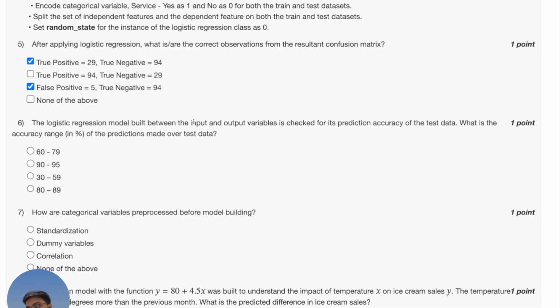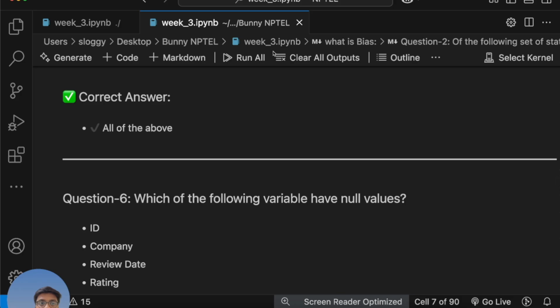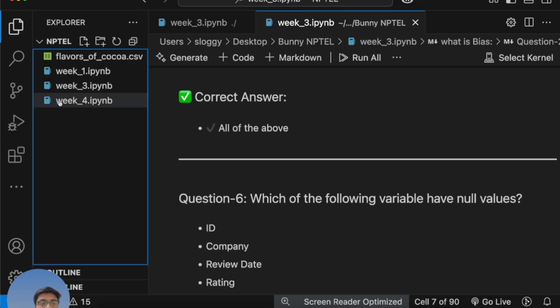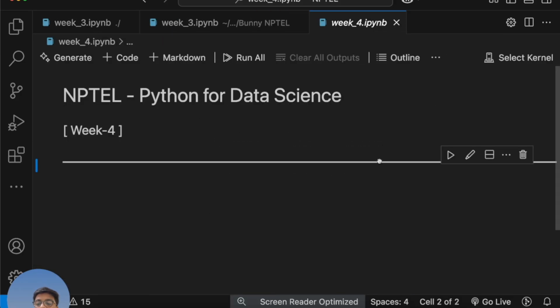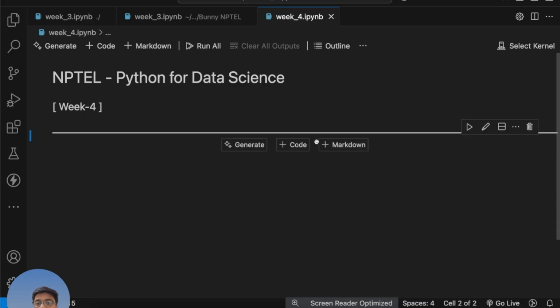Accuracy and classification. Okay, accuracy is what? What is the accuracy formula, boys and girls?